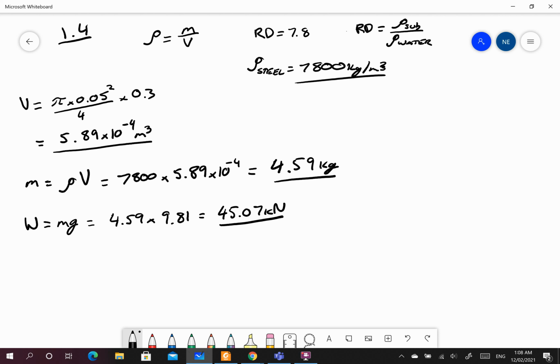That's our force. Now my pressure is my force by my area, which is equal to 45.07 times 10 to the 3, which converts it back to newtons, by my area, which is this component here again, the area of the circle.